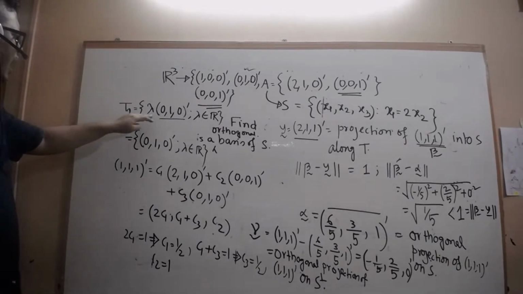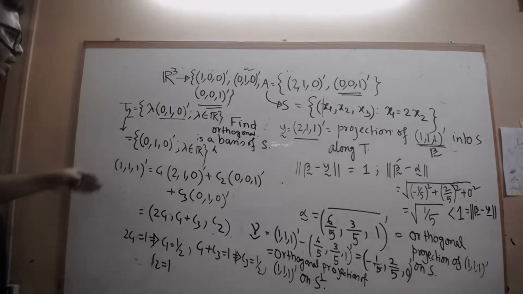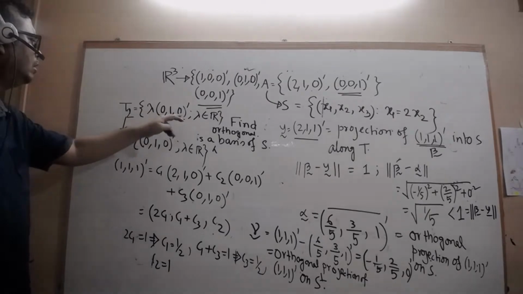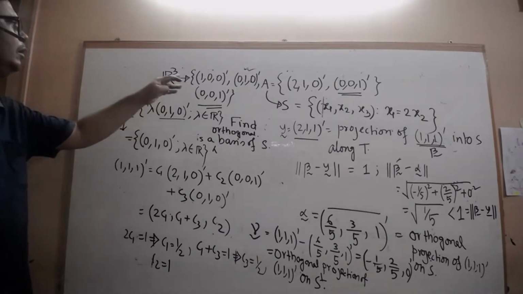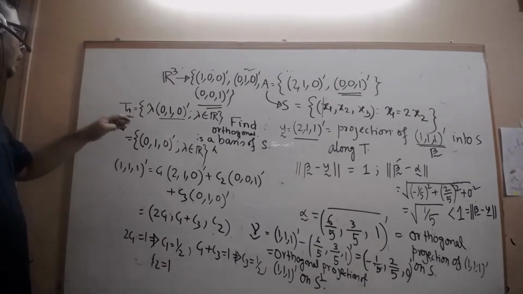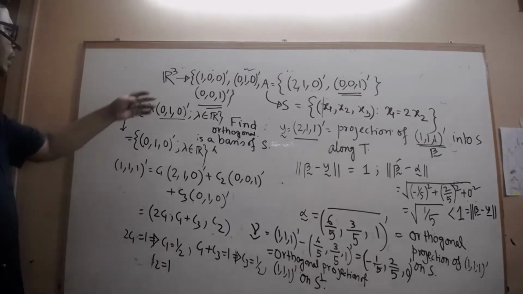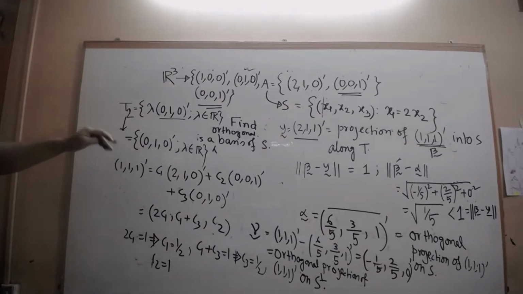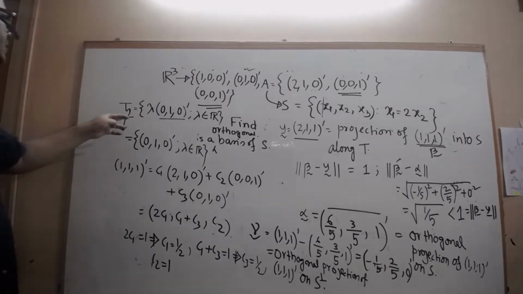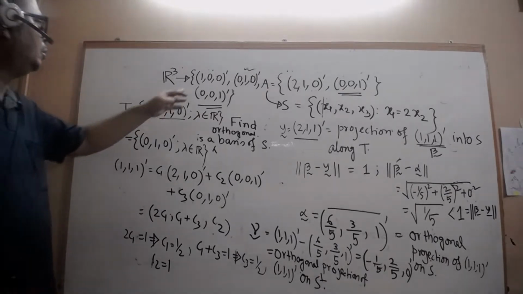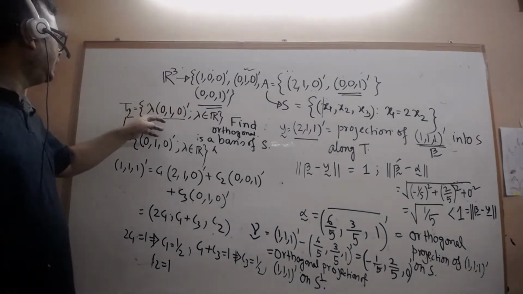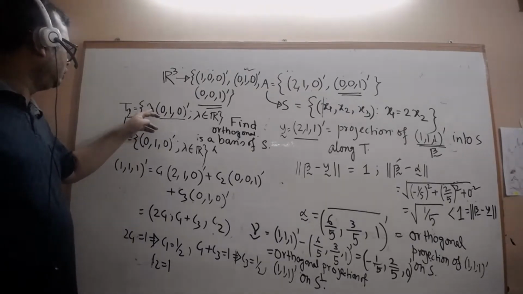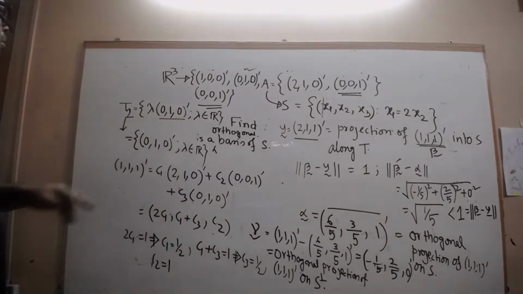First I construct another complementary space of T2 using (0, 1, 0) instead of (1, 0, 0). Because I already used (1, 0, 0), I denote that complementary space by T1. This is another complementary space T2, which is generated by the linear combination, a constant lambda multiplied by (0, 1, 0).